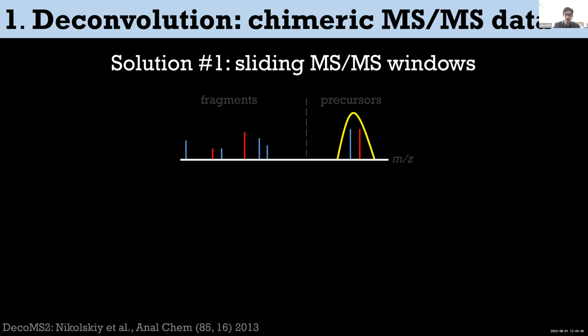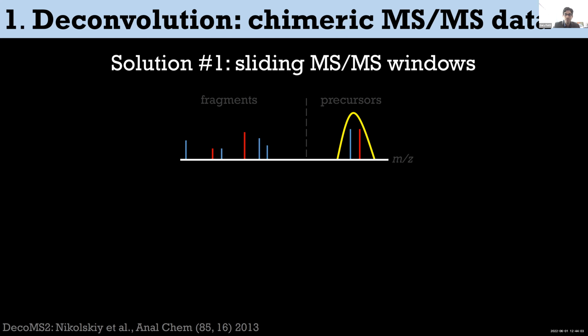You can see that there are two precursors, the blue precursor and the red precursor, and they're both generating fragments. That yellow arch there is meant to denote the MSMS isolation window. So you can see in this initial experiment, we are capturing both the blue precursor and the red precursor for MSMS analysis, and they're both generating fragments.